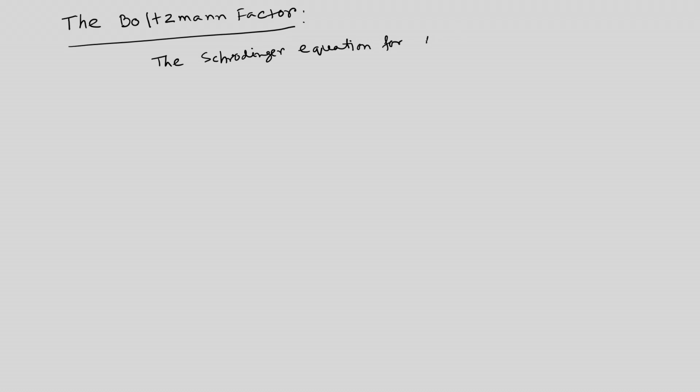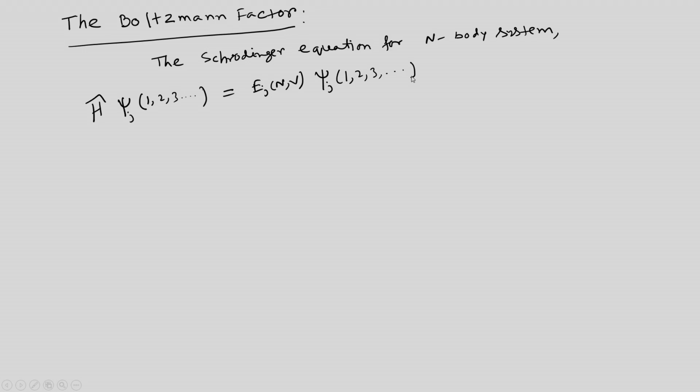for an n-body system: this Hamiltonian operator H operating on psi j gives energy value Ej, like this.